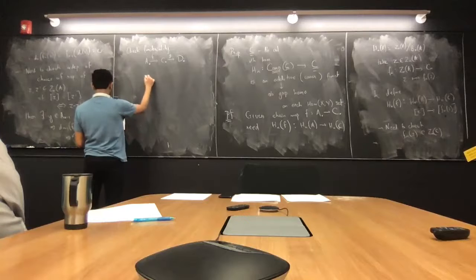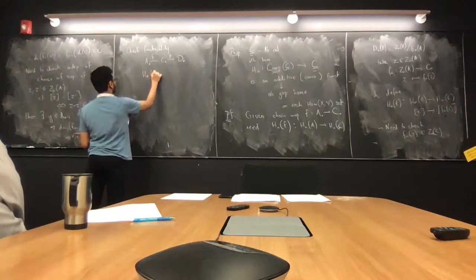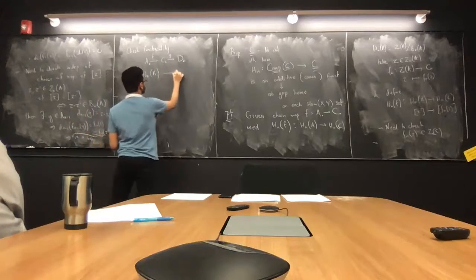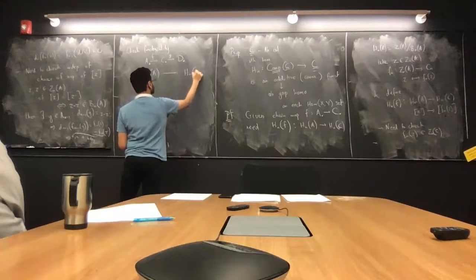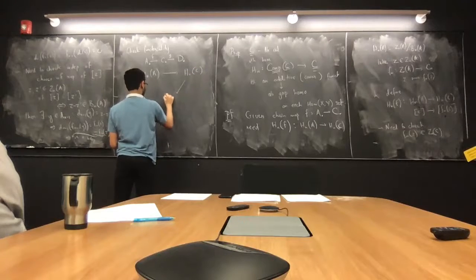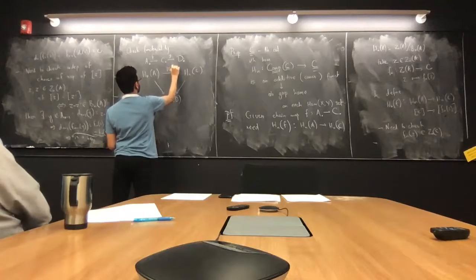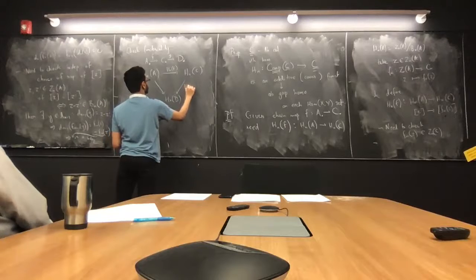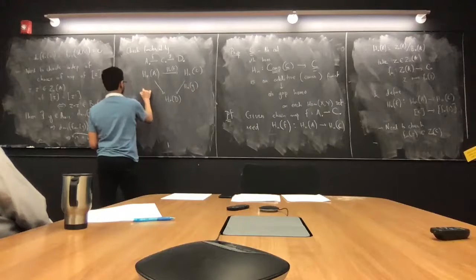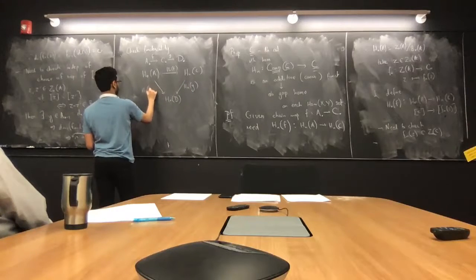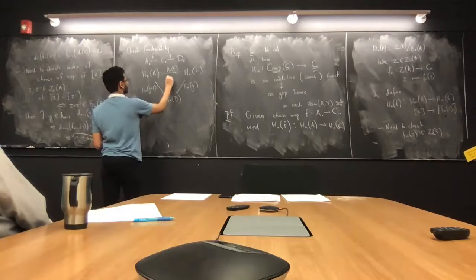We need to show commutativity of the following triangle. This is Hn of F. This is Hn of G. This is Hn of G off.